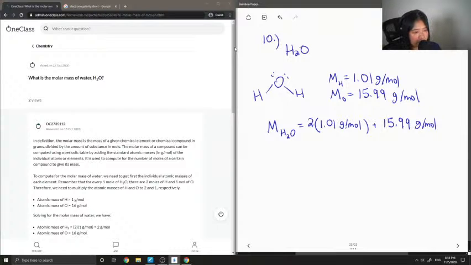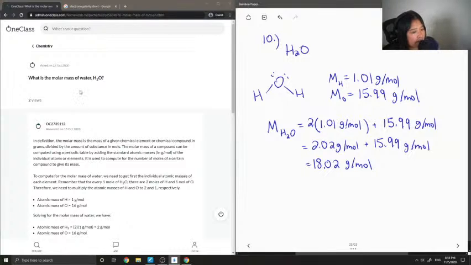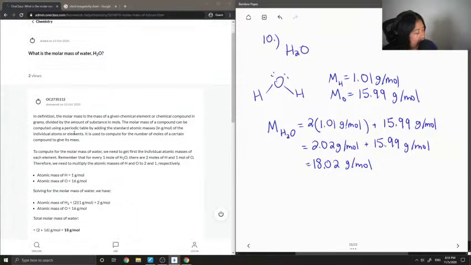So when we add this all up, we end up getting 18.02 grams per mole. Okay, so let's see our junior tutor's answer.